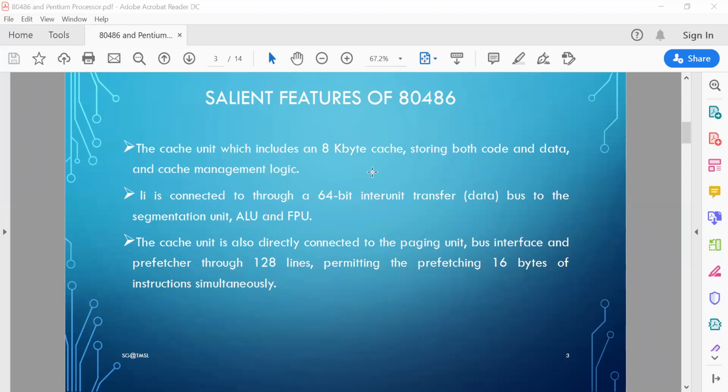When the first instruction is being decoded, the second instruction is already in the decoder queue, and the third instruction is in the prefetch queue. So it creates a 3-stage pipeline where fetching, decoding, and execution happen concurrently, in parallel mode. That's why it has the 3-stage pipelining concept.